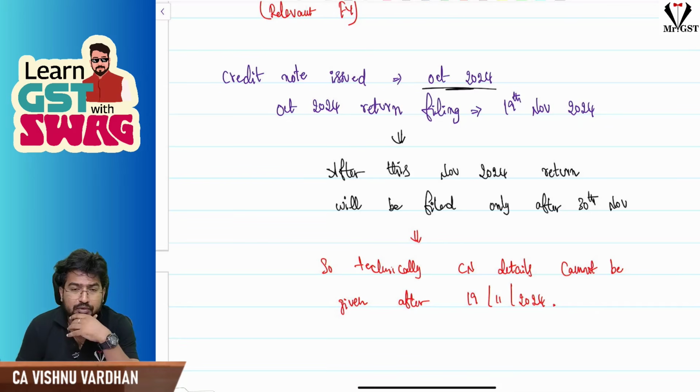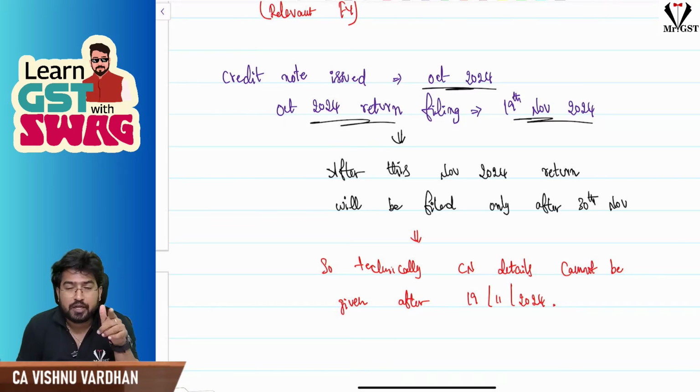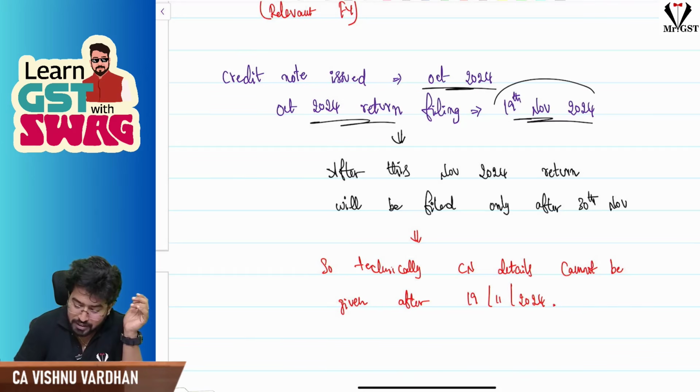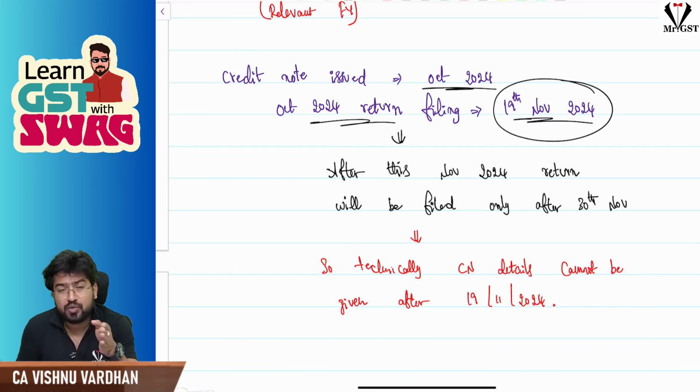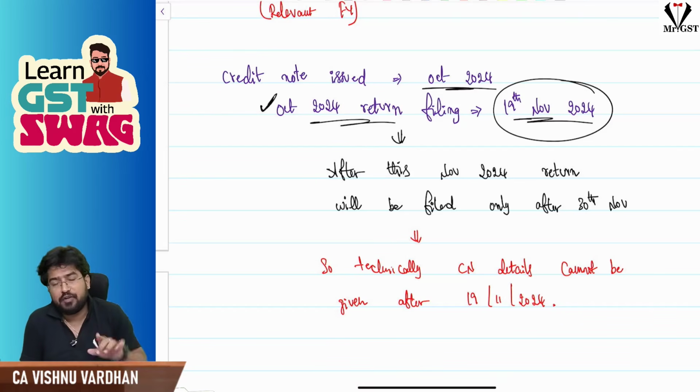While filing the October month GSTR1 you have to give the effect of the credit note, and that October month return itself you filed on 19th November 2024. If you want to give it in the next month, it should be given only in the November month return.